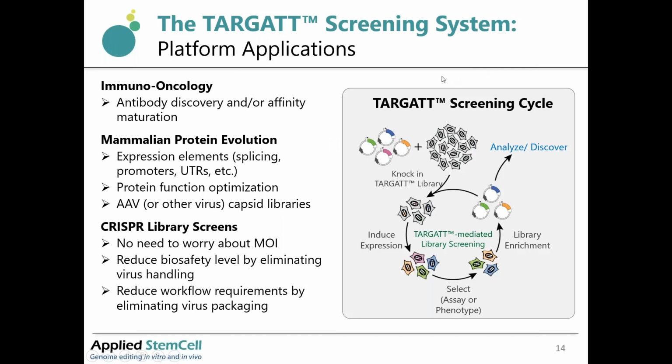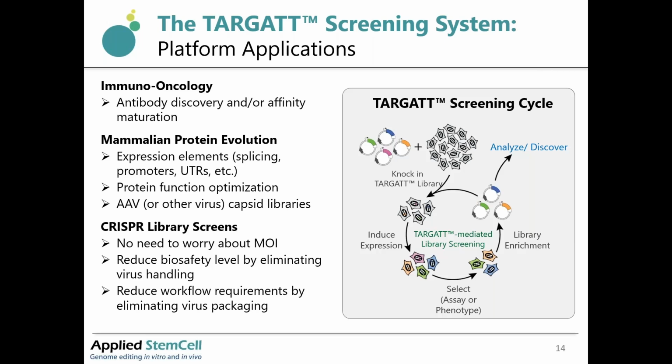So our target screening system can be used for 3 major platforms. The first application is immuno-oncology, which is used for antibody discovery and affinity maturation. The second application is mammalian protein evolution for expression elements, protein function optimization, and AAV capsid libraries.